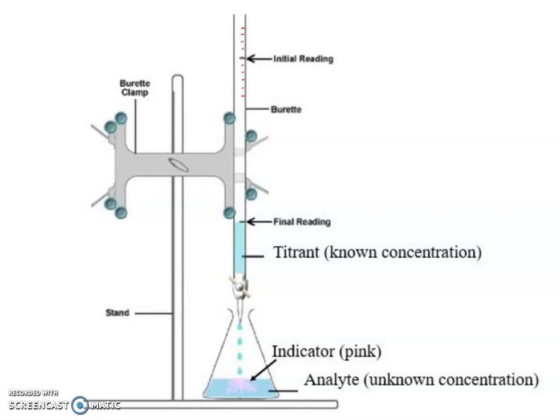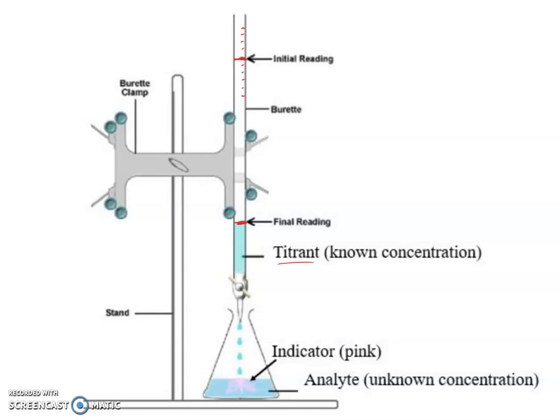And in your burette, you're going to put the acid or base that you know the concentration of. We call this the titrant. You're going to read the initial volume of your titrant and your final volume, and subtract the two to get how much of that titrant you used.